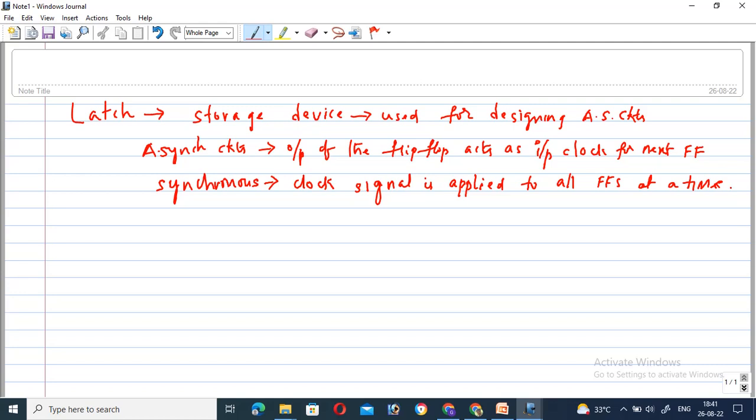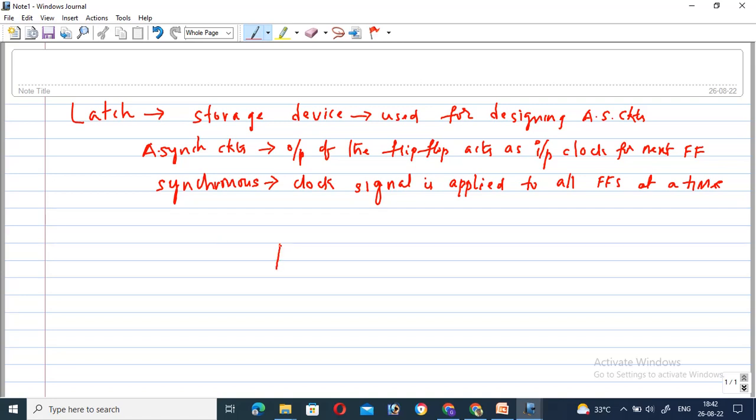Sequential circuits means that the output of the sequential circuit depends on both the present input and the previous values, and it produces the output from both. So that is generally called sequential circuits. Now coming to the latch, we have to design an SR latch using NAND gates.